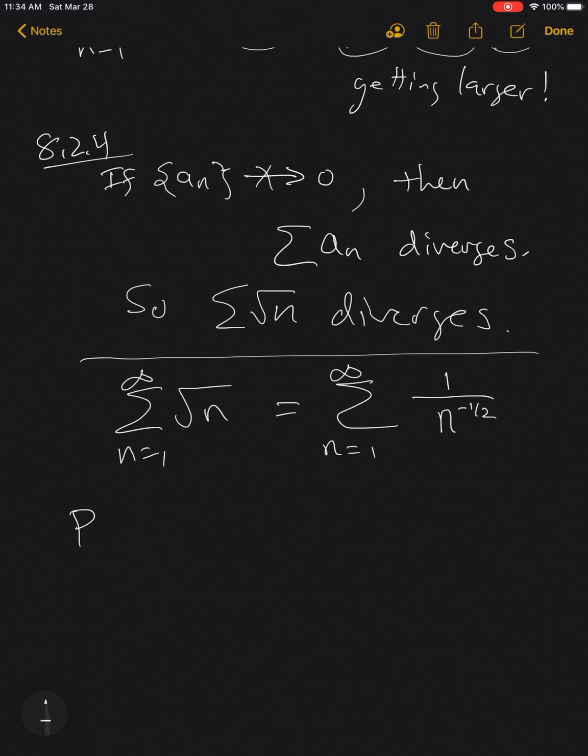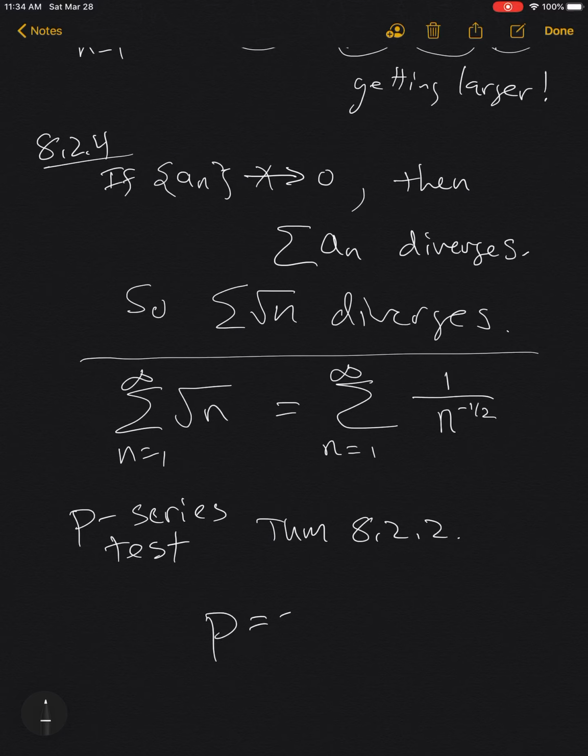And then use our p-series test, which is theorem 8.2.2. And because our p-value in this case is minus 1/2, our p-series test says it diverges.